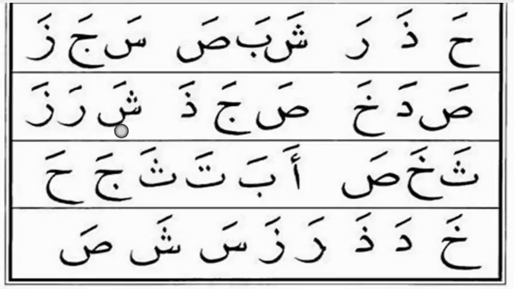Sha. Don't forget the sheen is the same as the jim letter from the articulation point side. It has the same articulation point. Sha. Ra. Za. Let's move on. Tha.